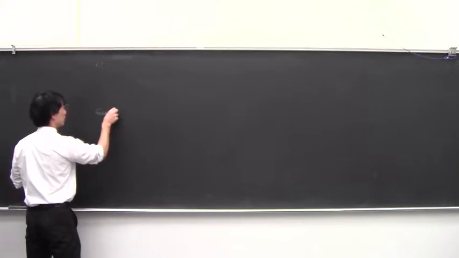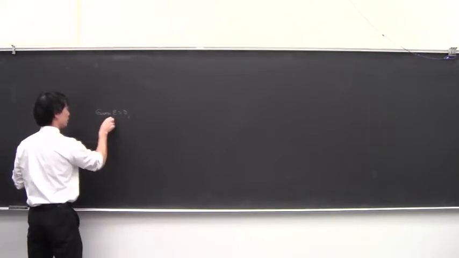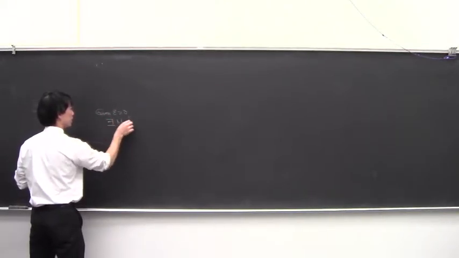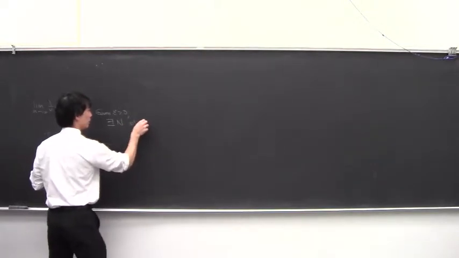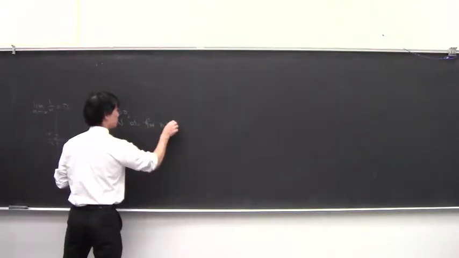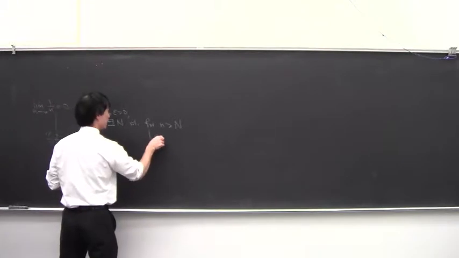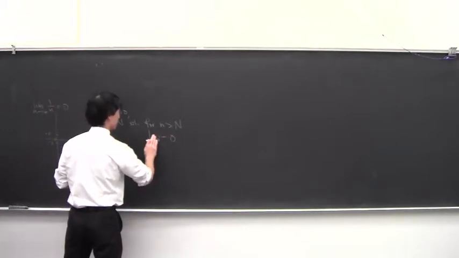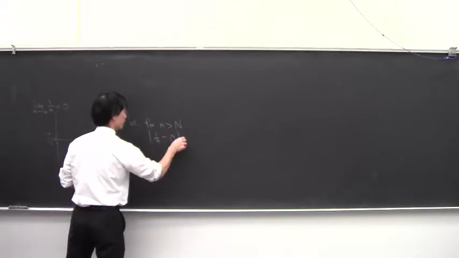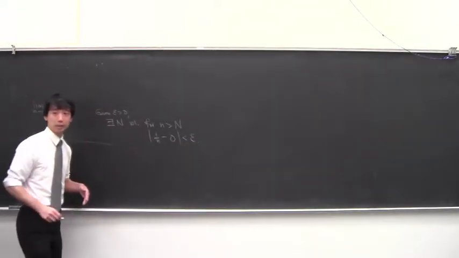So given epsilon greater than 0, there's a time so that whenever you're past that time, 1 over n minus 0 is less than that tolerance.